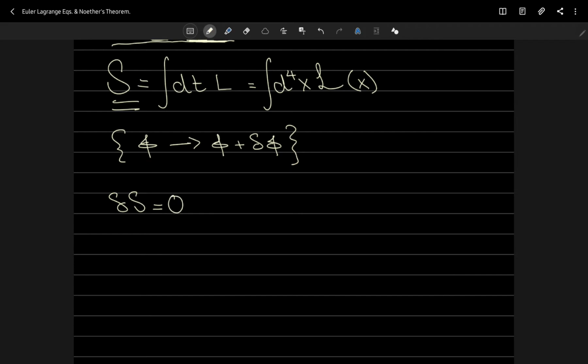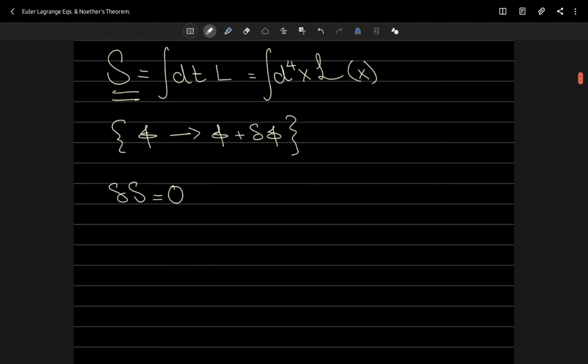It vanishes, so the change in action is 0. That is your principle of least action. So if we write down delta S, the change in action, we know that it is the integral of your Lagrangian, so we have to consider the change in your Lagrangian density.